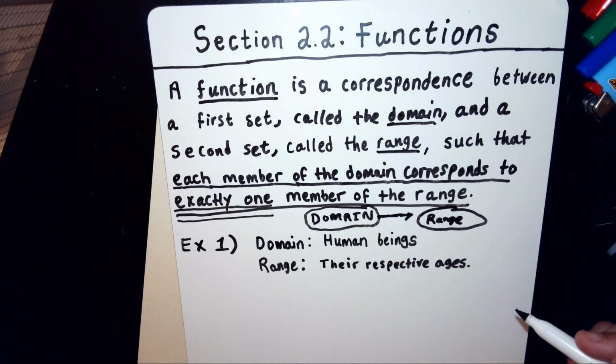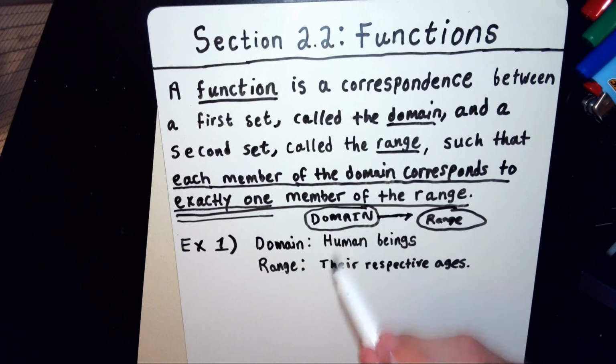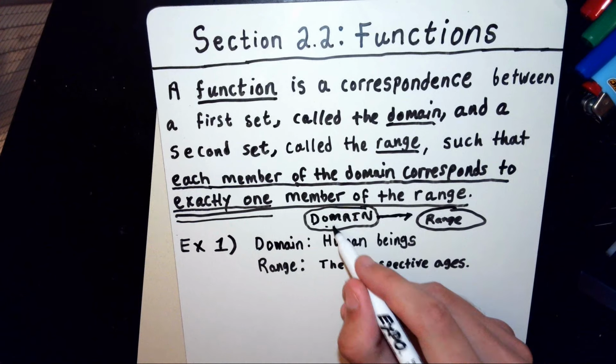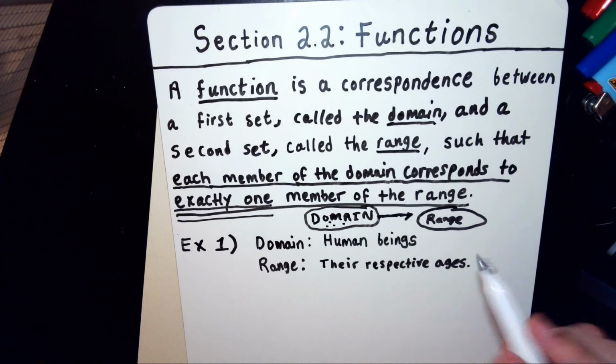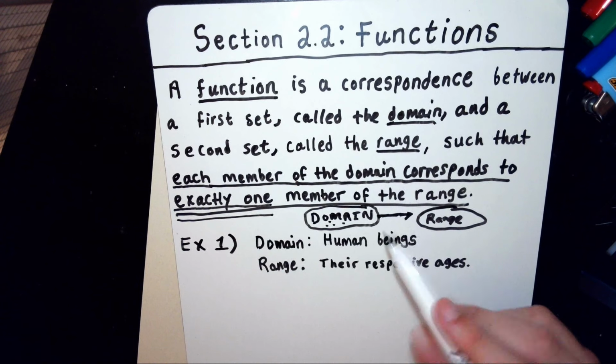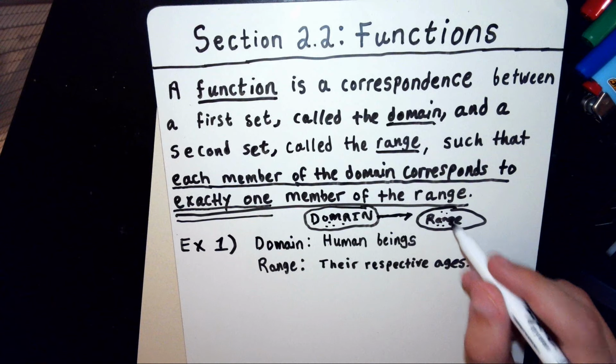And what it says is that everything in this set over here, everything, because it says each member of the domain, all of these have to go to exactly one member of the range.